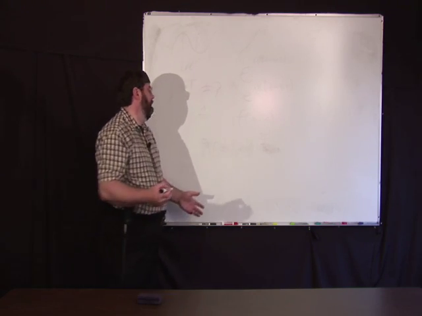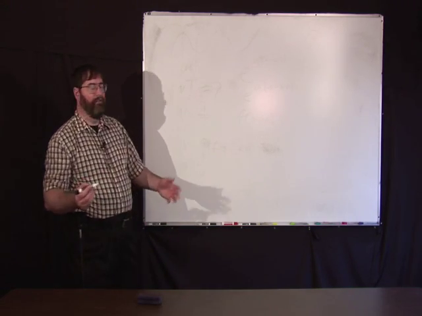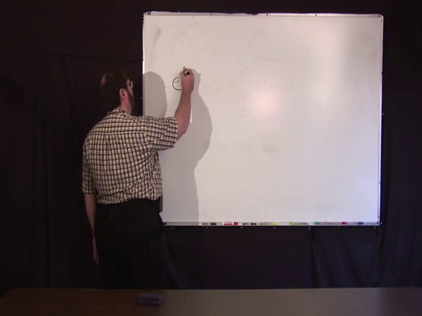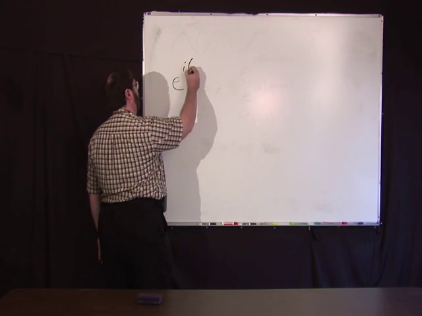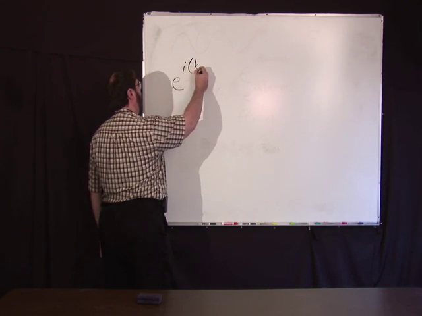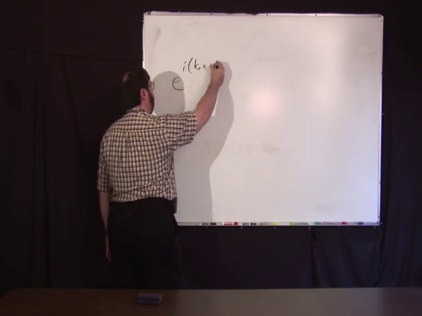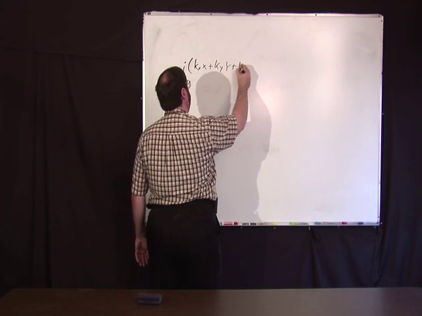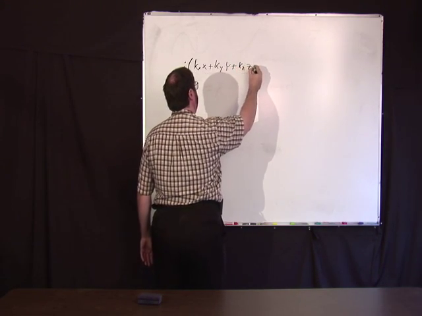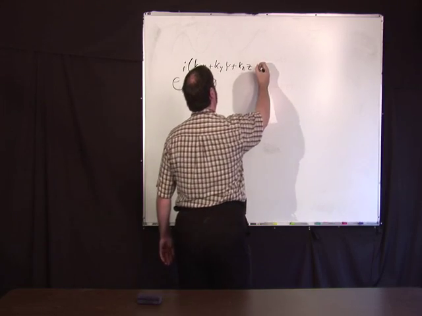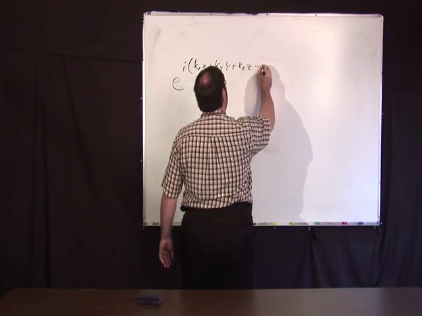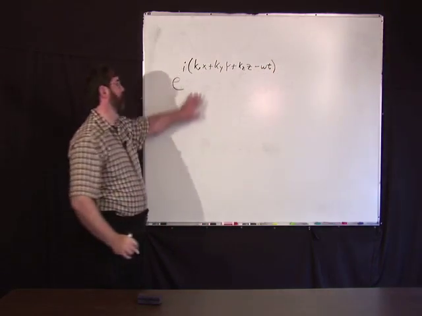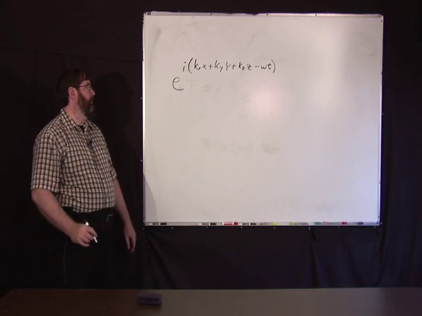Something of the form e to the i (kx x plus ky y plus kz z, plus or minus omega t) is a plane wave.